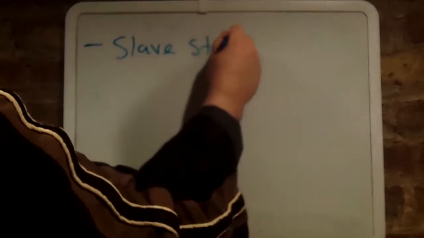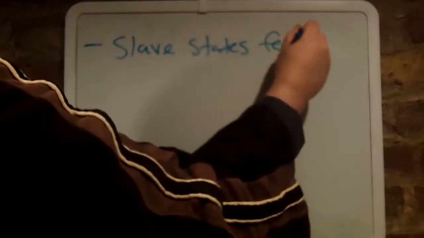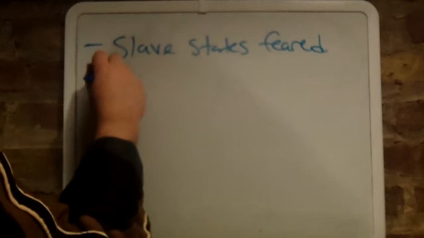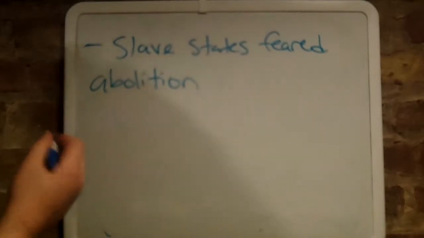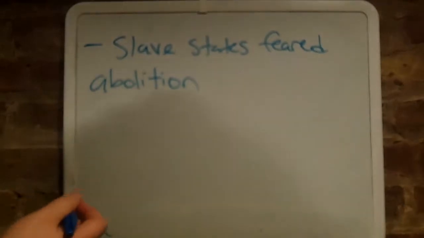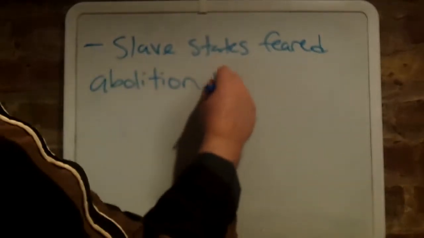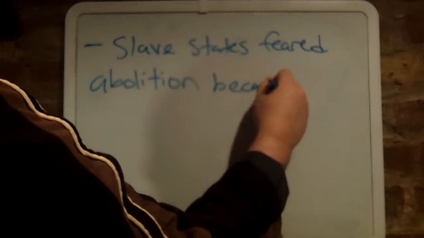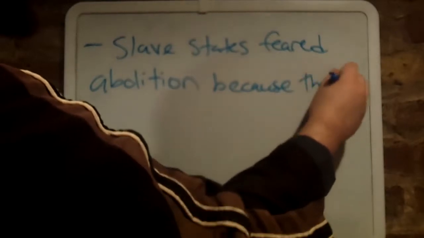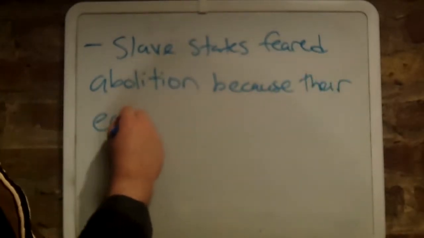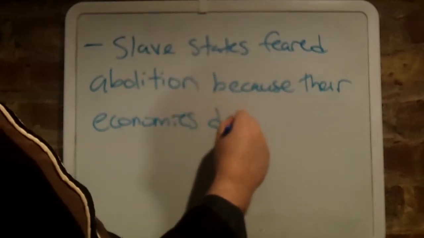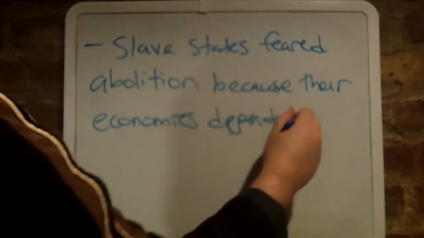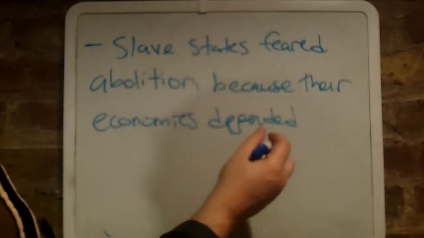So the slave states feared the abolition of slavery, which would have wrecked their economies, since their economies were based on agriculture and hence slave labor. Particularly crops like cotton.